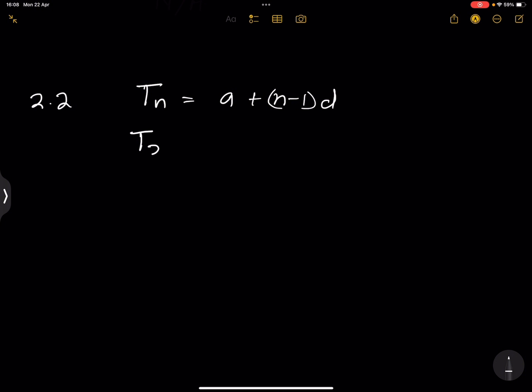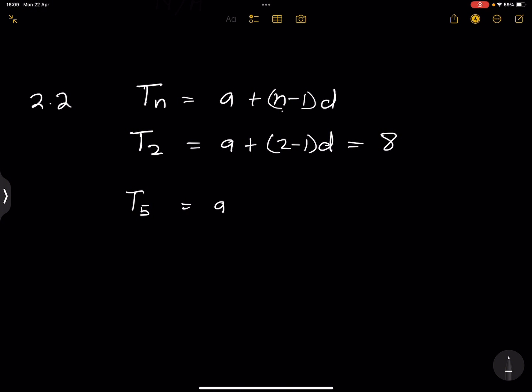So T2 is equal to a plus, now 2 minus 1, that's 1. Okay, so that's 2 minus 1 times d, and they're saying this is equal to 8. But they're also telling us that T5, right, the 5th term is equal to 10.